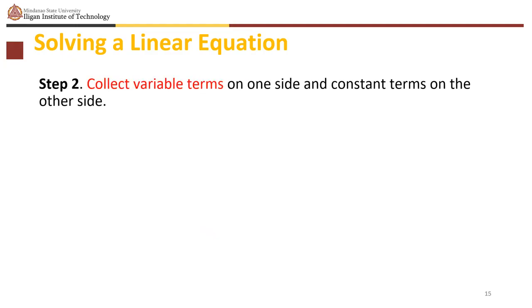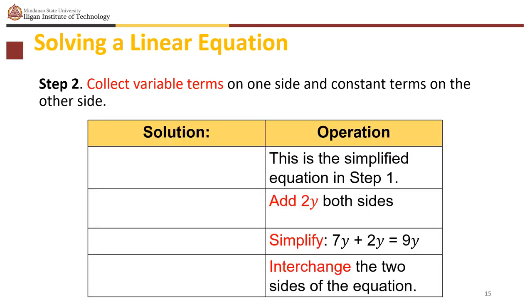The next step is to collect variable terms on one side and constant terms on the other side. So the simplified equation in step 1 is 11 minus 2y equals 7y. If we add 2y on both sides, we will have 11 minus 2y plus 2y equals 7y plus 2y.